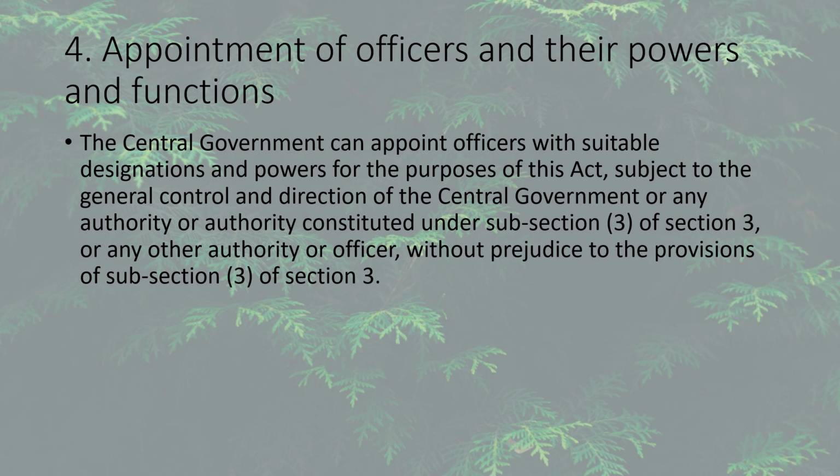So the central government can appoint officers, and what powers and designations are to be given to them, the central government will decide for the purpose of this Act, subject to its general control and direction. So as per the direction of the central government, the officers will be selected.